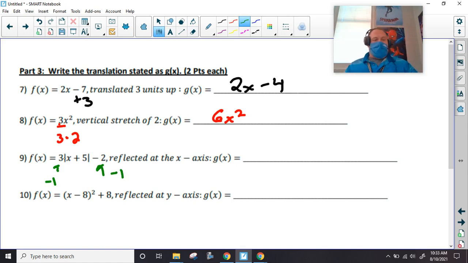So instead of having positive 3, we're now going to have negative 3. What's right here doesn't change. It's the 2. It was at the 5 first, and then I moved it. And then negative 2 times negative 1 is a positive 2. Okay? Just changing our a and k values.